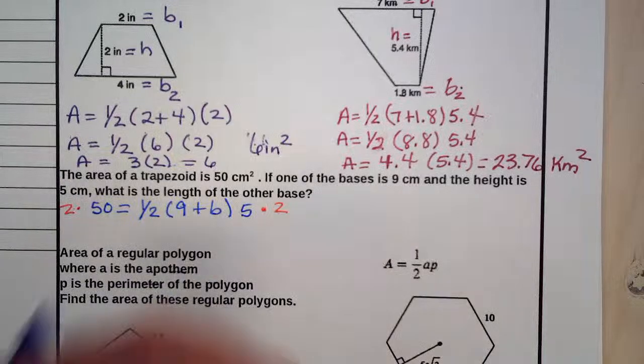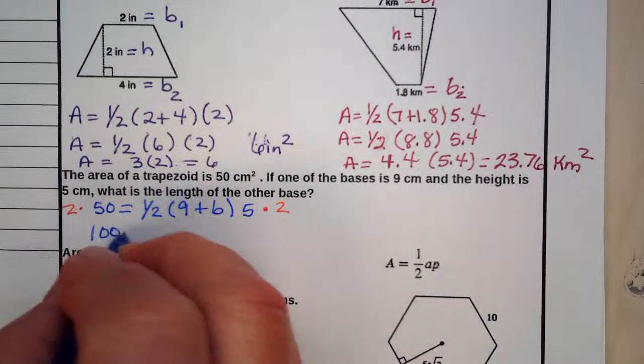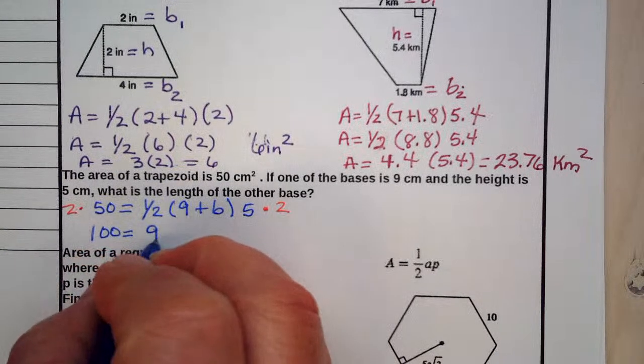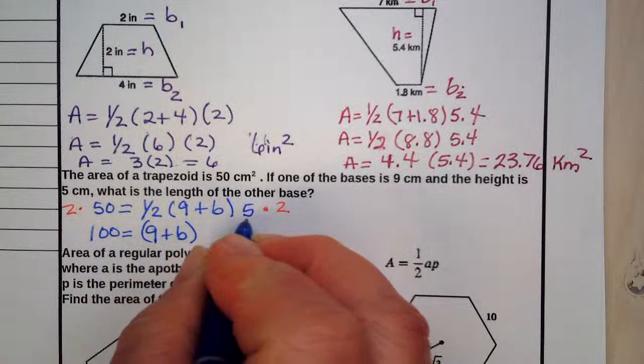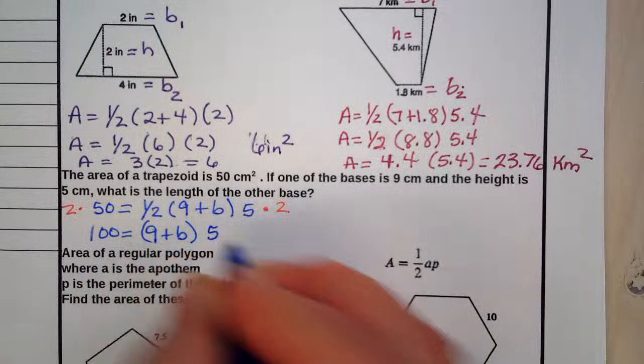So 100 is equal to 9 plus my base times 5.